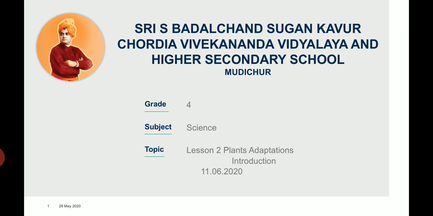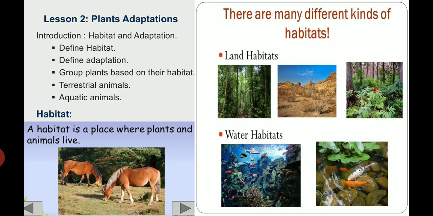Few plants will grow in one place and will not grow in some other place, isn't it? That we call adaptation. In this lesson we are going to learn about habitat and adaptation. Can you live in a forest for a year? No, we cannot live in a forest, isn't it, children?